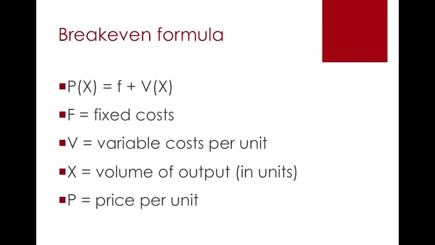The break-even formula is fairly straightforward: if we sell a certain amount of a product, say X, and if P is the price per product, then the break-even formula basically says that you break even when your revenues turn out to be equal to your cost.